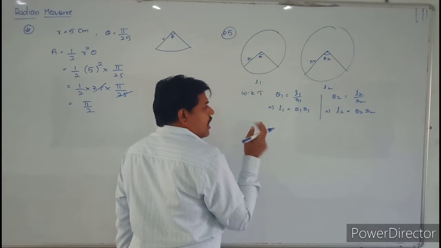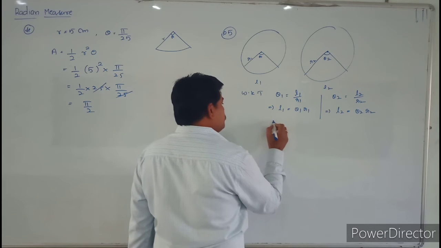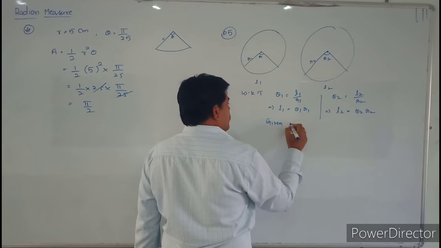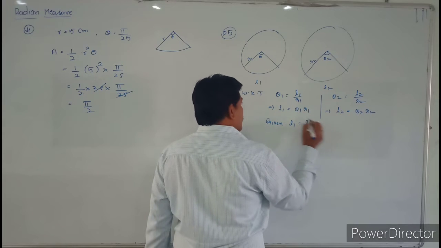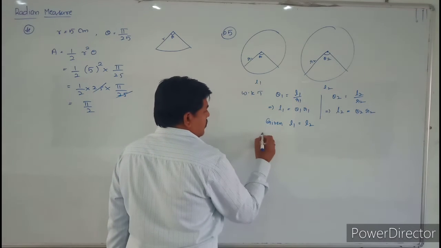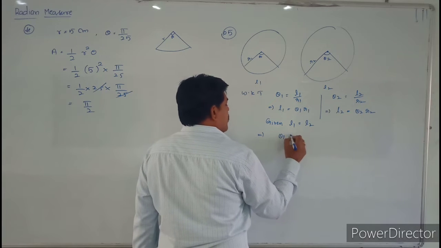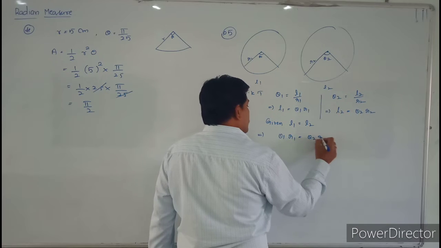In the question they have given L1 is equal to L2. L1 is theta 1 into R1, so that is equal to theta 2 into R2.